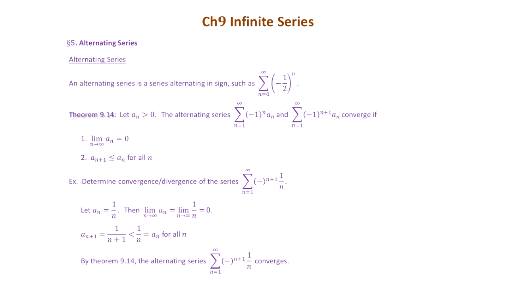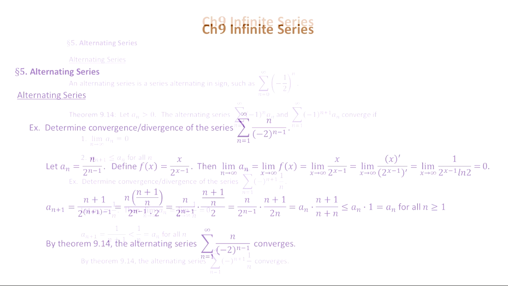If you replace n by n plus 1, it will be 1 over n plus 1, and that is less than 1 over n. Obviously, when you get the larger denominator, the whole fraction becomes smaller. So that's less than 1 over n, which is an, and so two conditions are met. So that means this series converges. Okay, the alternate series.